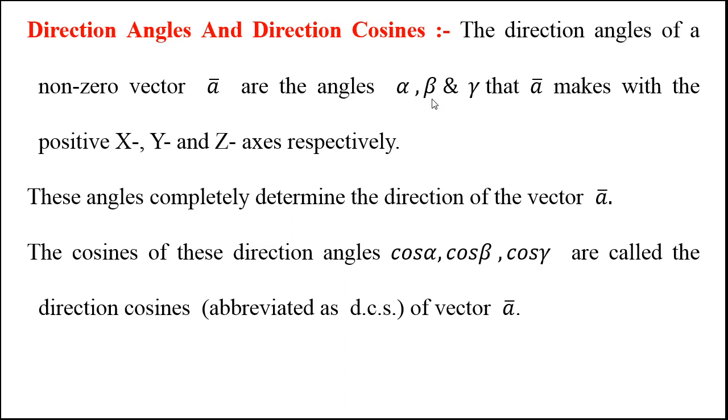What angle that i makes with z-axis? 90 degree. So what are the direction angles of unit vector i? 0 degree, 90 degree, 90 degree are direction angles of vector i.